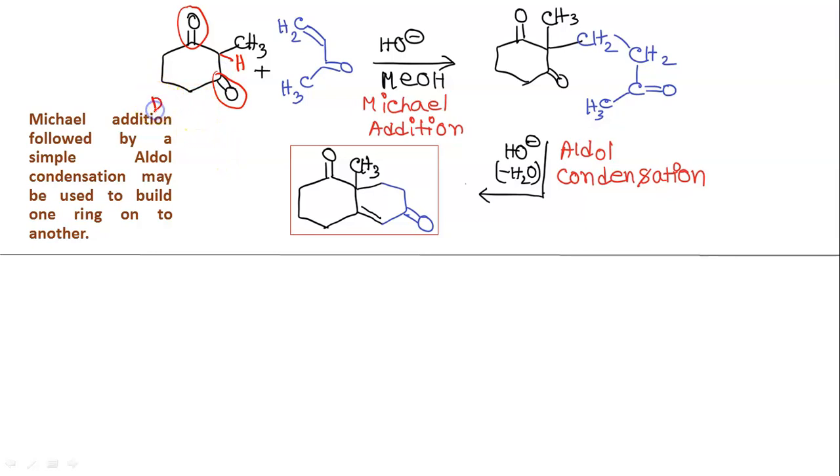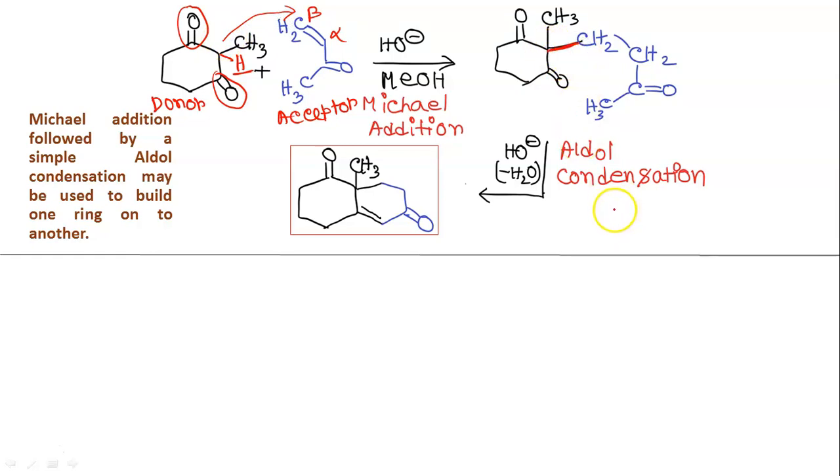This is our donor part, and this is the acceptor, containing an activated double bond. In the presence of HO minus, there will be carbanion generation by removal of this proton, and this carbanion will attack at the beta carbon. This C-C bond is the newly generated C-C bond.